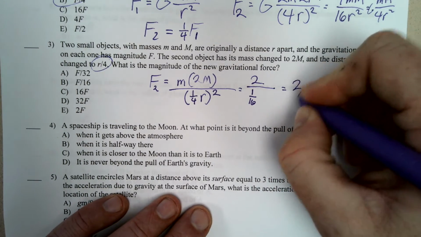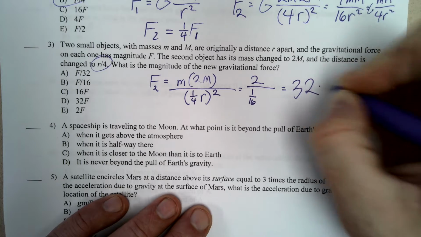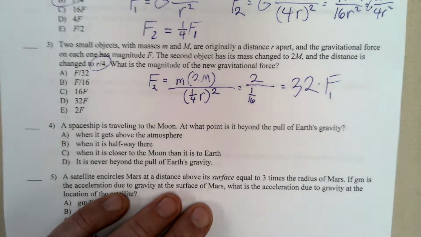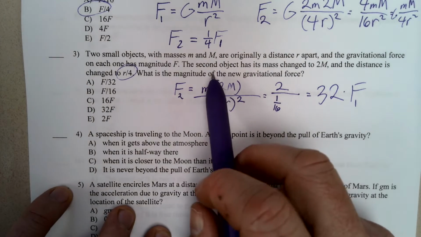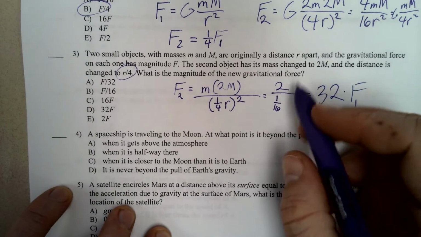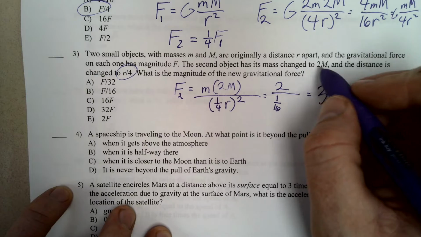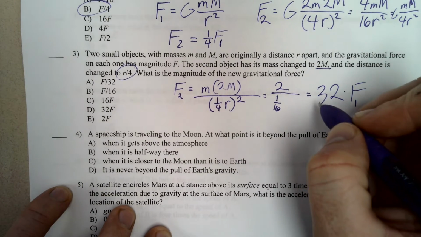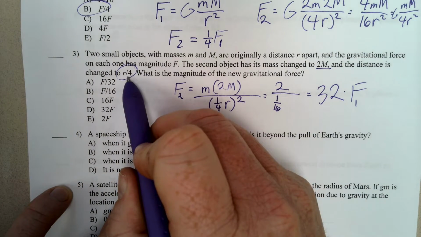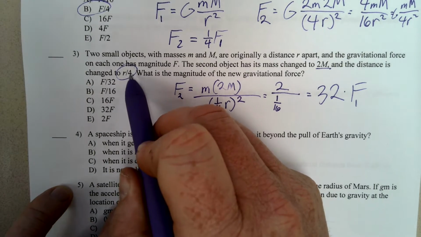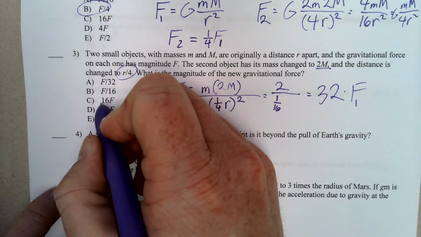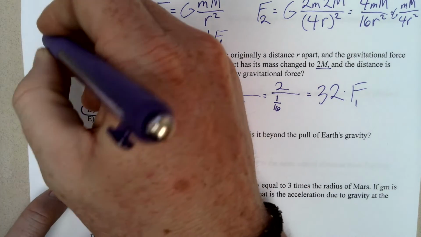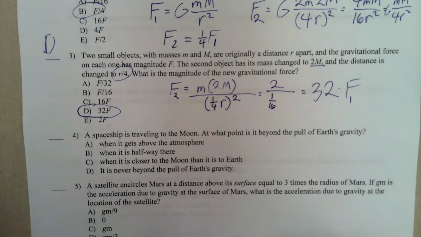And I'm going to get 32 times that original force. And if I think about it, just to see that this makes sense, doubling the mass should increase the force. Also, getting closer together should also increase the force. And so those factors should multiply, giving me 32.